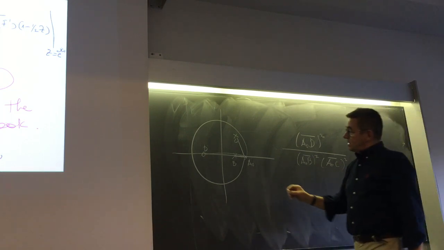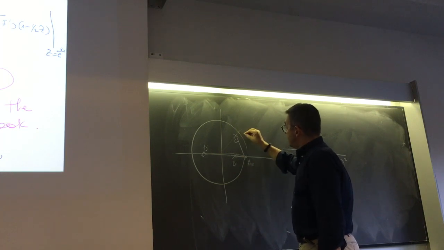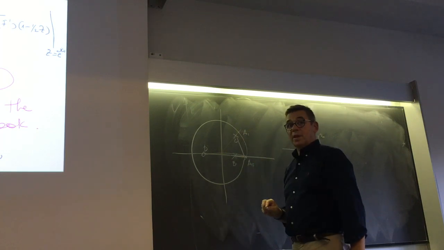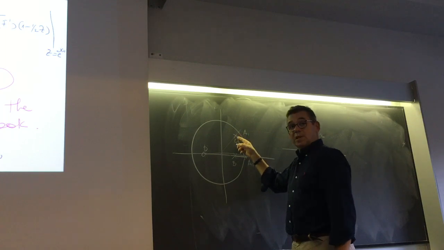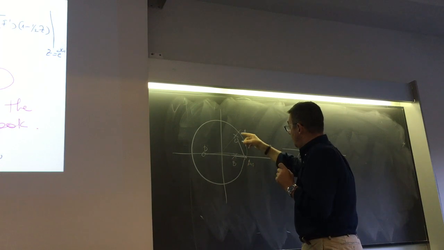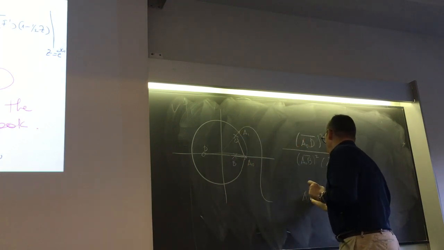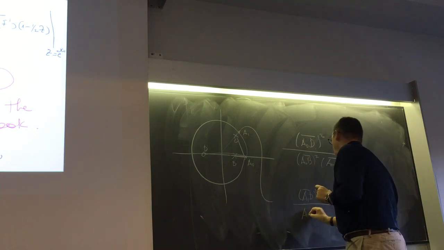Then, for instance, if I look at this point, let's consider A1. Now A1 is very close to C. So since A1 is very close, I have the A1B distance, then I have A1B.